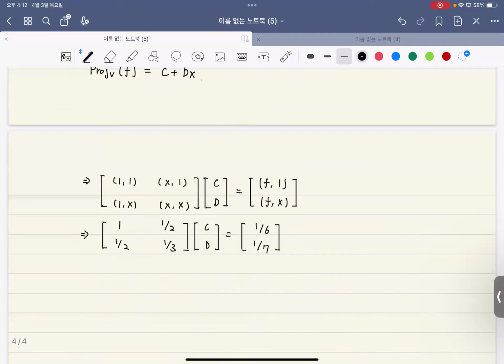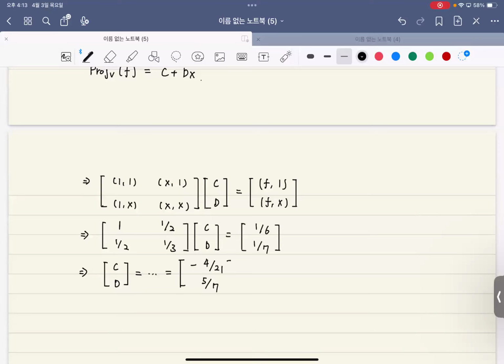And solving this, I have C and D. After tedious computation, it turned out C is minus 4 over 21, and D is plus 5 over 7.